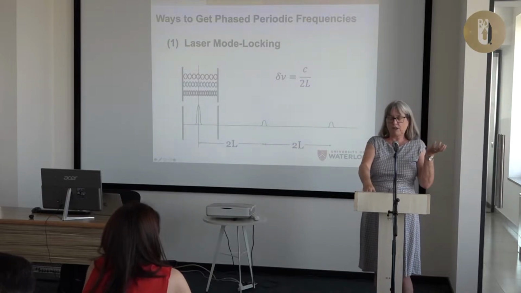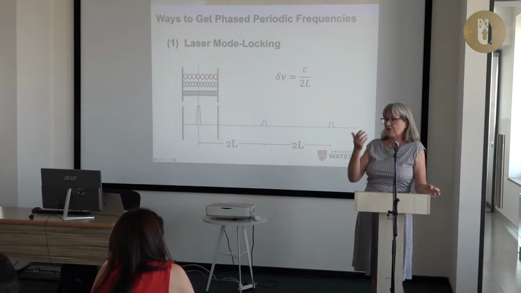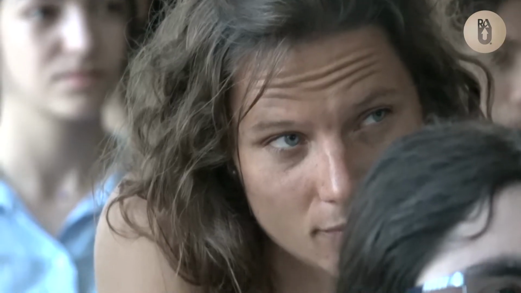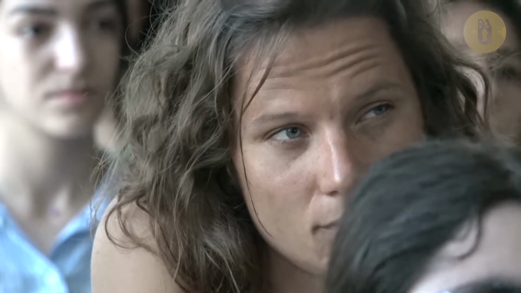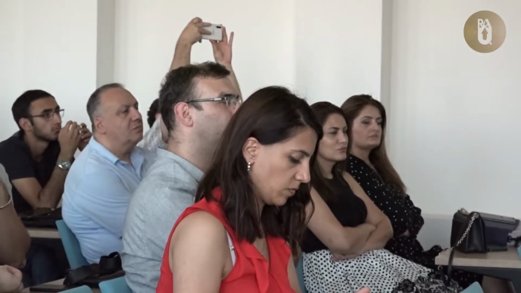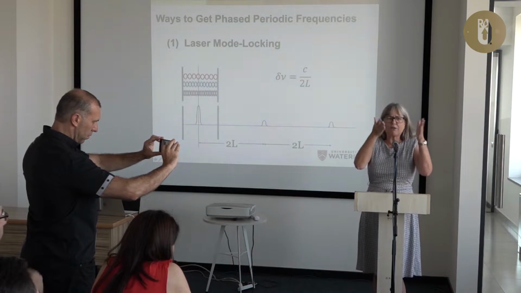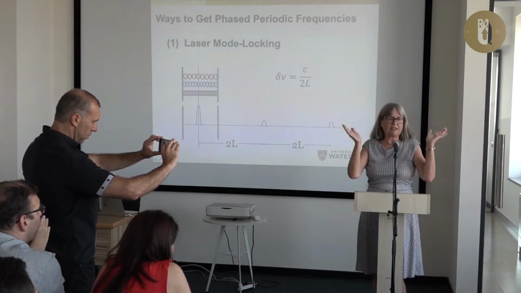Now when you learn about mode locking in textbooks, almost everything is from a theoretical point of view. The theory would show that you would add these Fourier series, and if you add this Fourier series, out comes this train of short pulses. As an experimentalist, that's not the way we see mode locking, because there's no way to say, how do I lock all those frequencies together? There is no way.